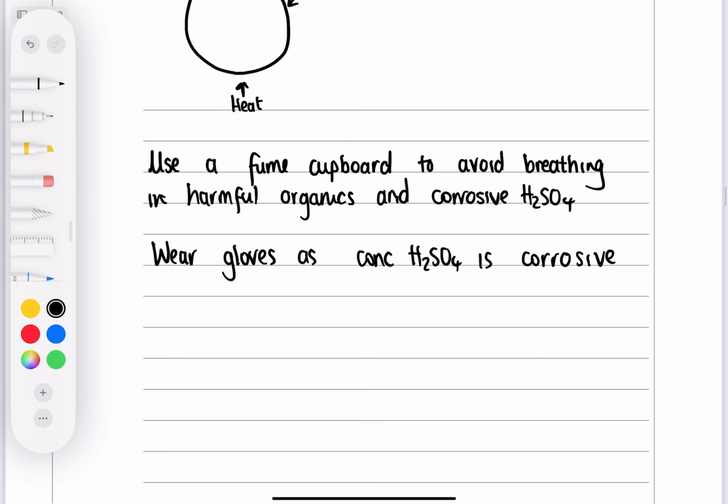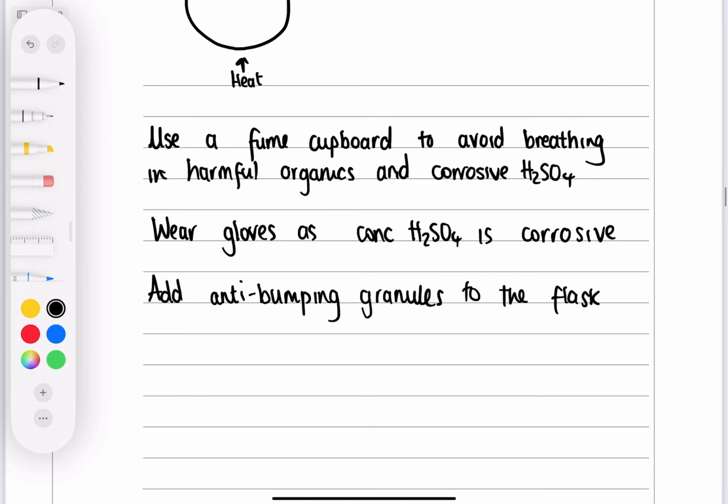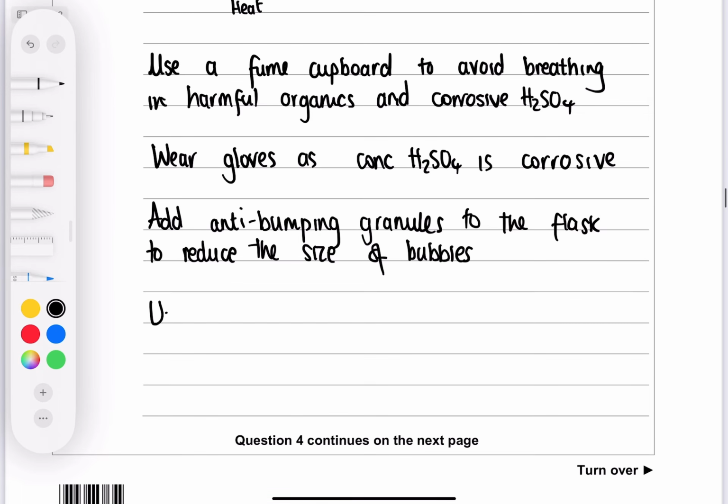We're going to add anti-bumping granules to the flask to reduce the size of bubbles. And we're going to use an electric heater or a water bath as organic compounds are flammable.